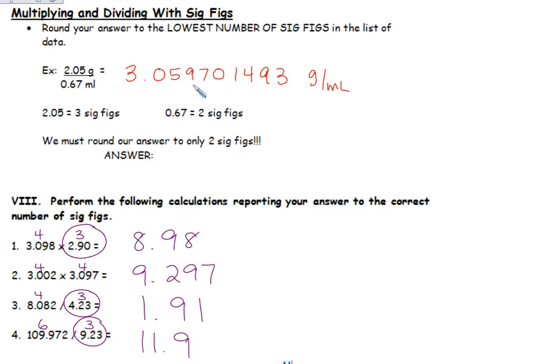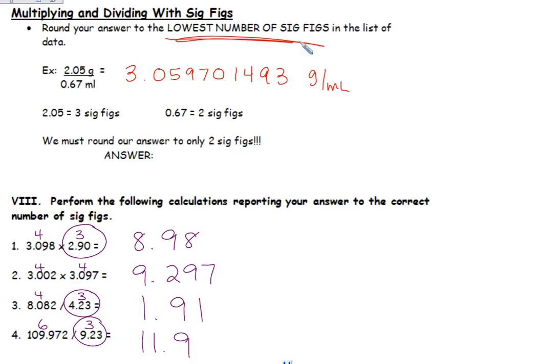So here's the rule. When you multiply or divide, you plug it in your calculator. Then you look at the 2 numbers that were part of your calculation, or maybe it's more than 2. You're going to round your final answer to whatever piece of data had the lowest amount of sig figs. So I had 2.05. That's 3 significant figures. 0.67.